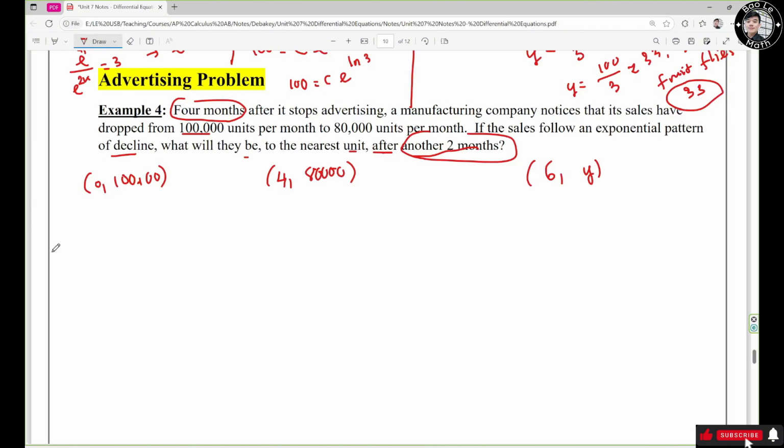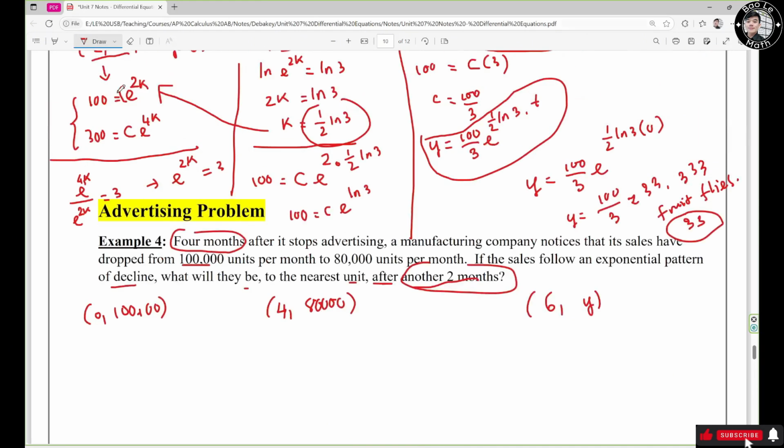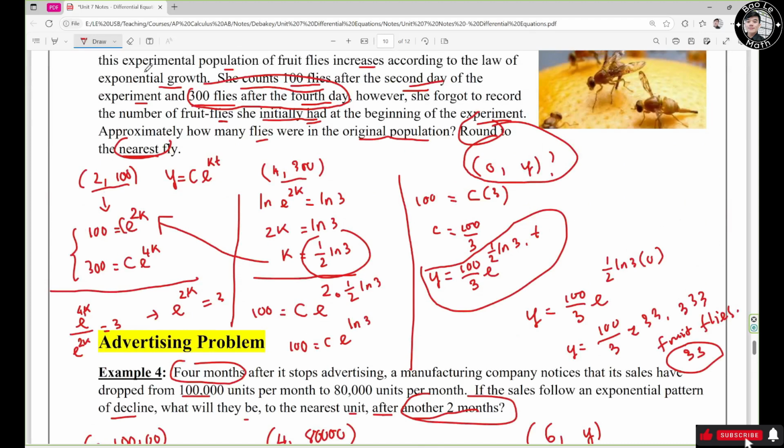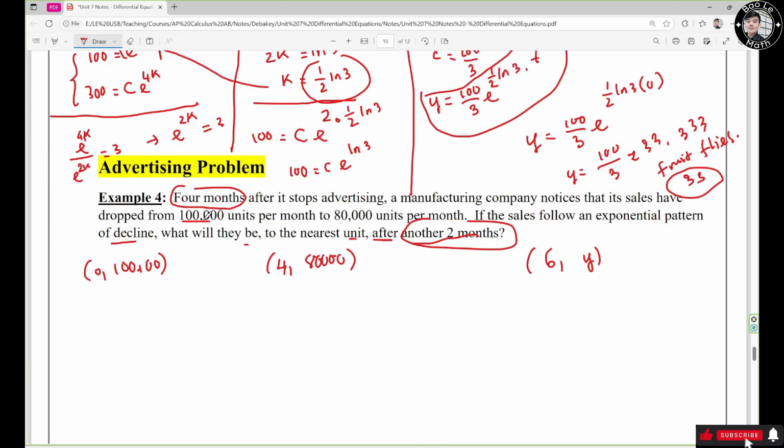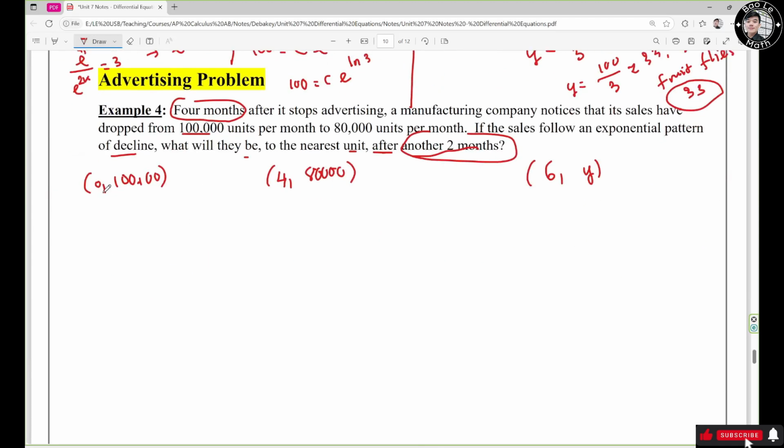Now, example 4 is slightly different from example number 3. Example number 4 is similar to example number 2, right? Because you have the initial value right here, so you can solve for C directly. You don't have to use a system of equations like what you did in example number 3. So be careful, okay? So you have y equals c times e raised to the k times t, right?